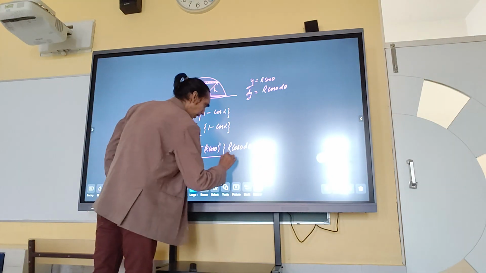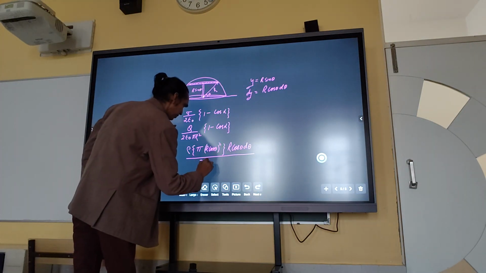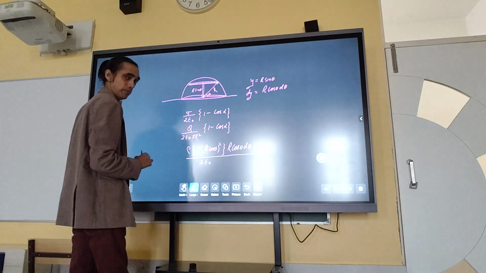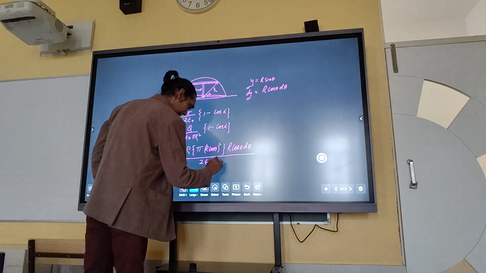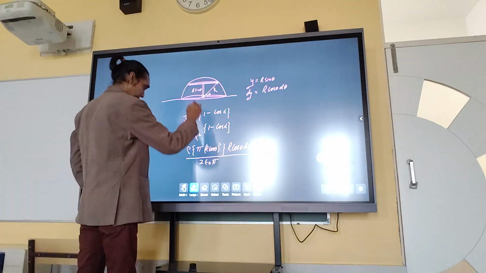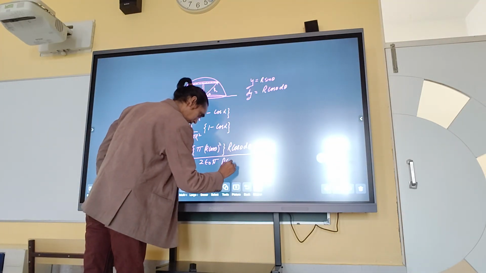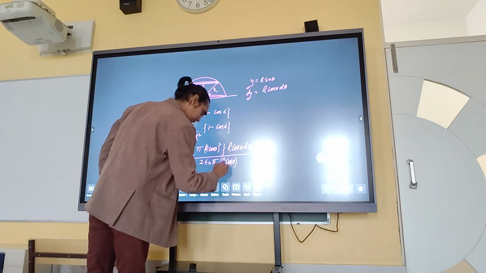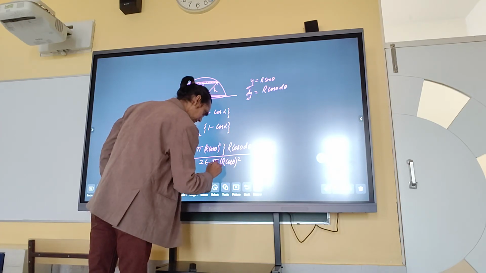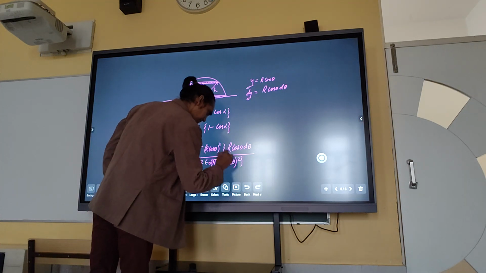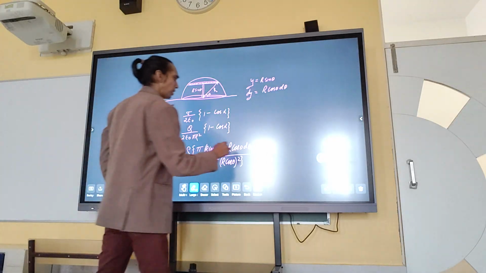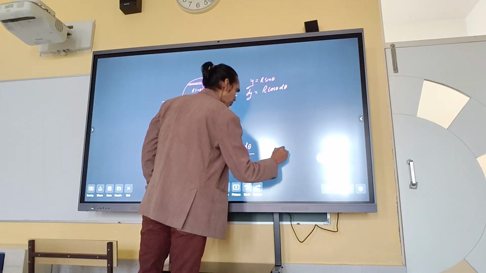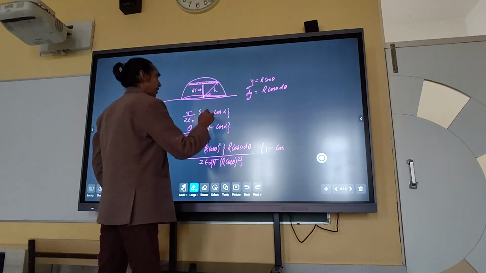So what we do is take r cos theta d theta to get the charge. Charge divided by twice epsilon naught and then pi r cos theta whole square, multiplied with 1 minus cos of the angle. Be very careful which angle you are referring to.